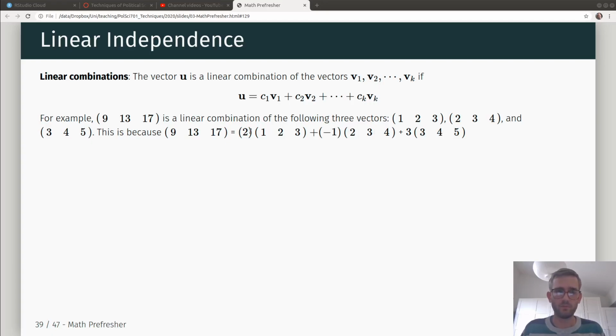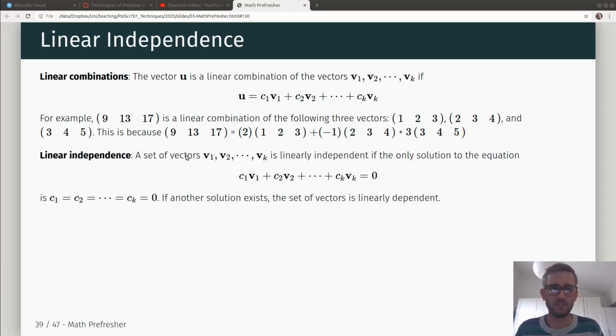If you go through the math by multiplying and then adding all elements, you'll see that you get 9, 13, 17. So in other words, the original vector is a linear combination of the remaining three vectors.